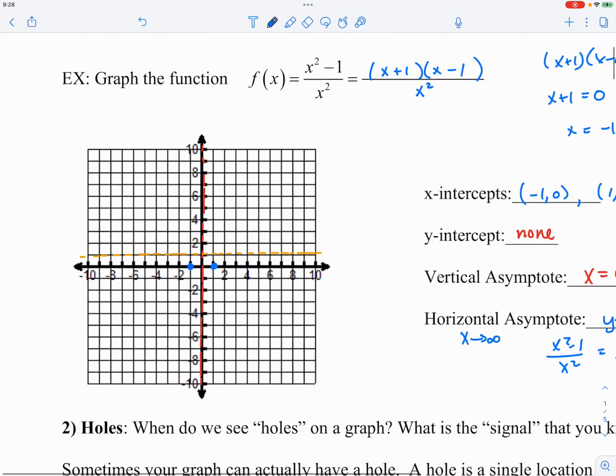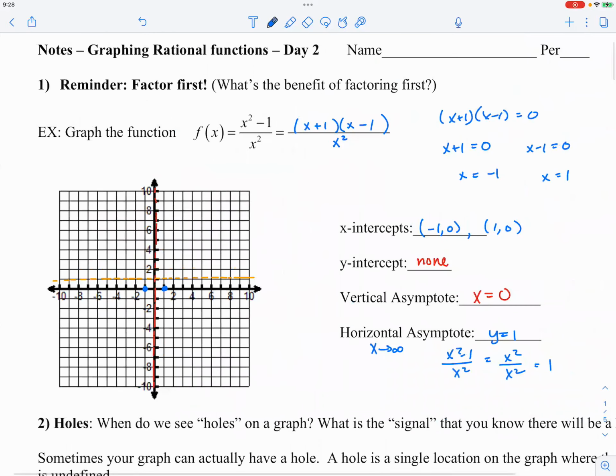And now we are about to draw our graph, but before we draw it, I want to make sure that you are fully aware of a feature. You may want to circle it or highlight it.